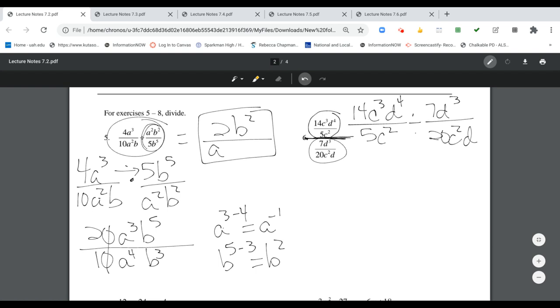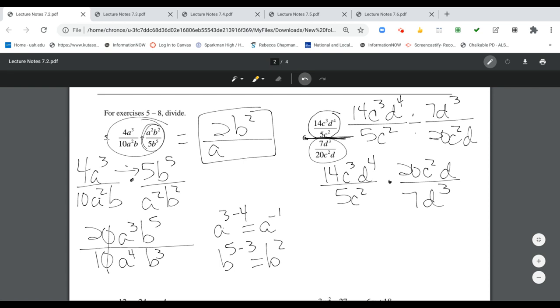Now, that's what that problem says, one fraction divided by a second fraction. Now I'm going to flip and multiply. So I have 14c to the 3rd, d to the 4th over 5c squared times 20c squared d over 7d to the 3rd. So I multiply straight across.